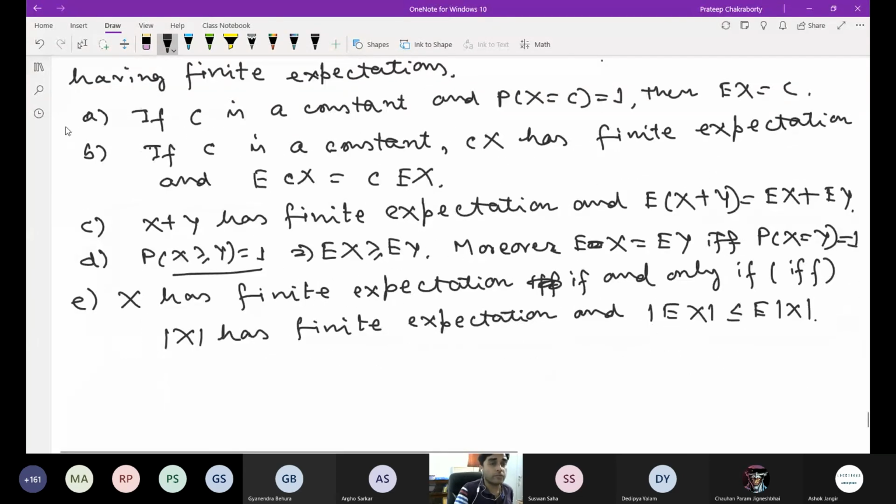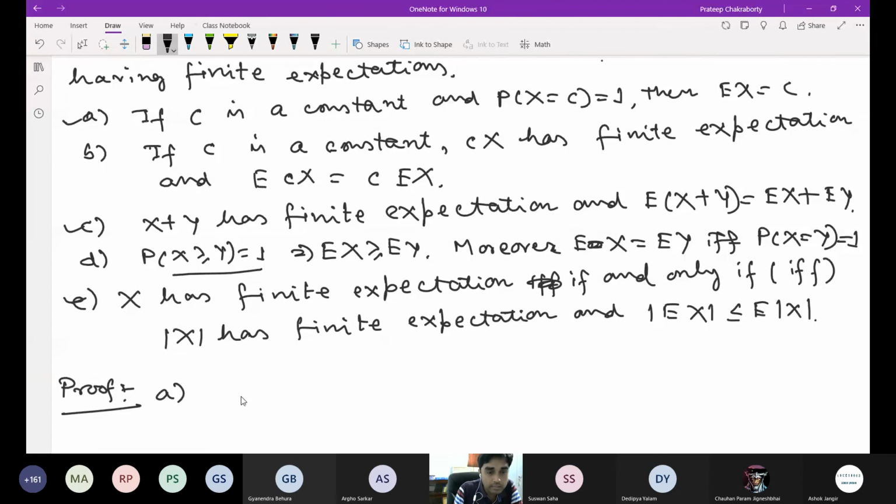So here we prove (a), (c) and (e). To prove (a) and (e) is not difficult, but to prove (c) we need some other theorem, which is theorem 1.